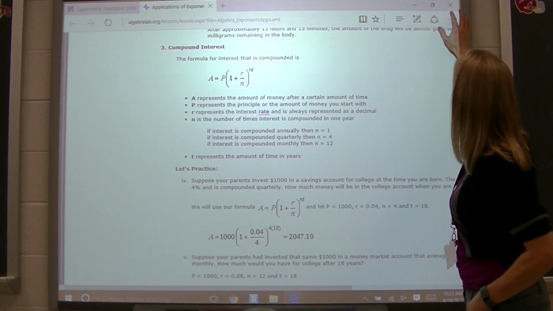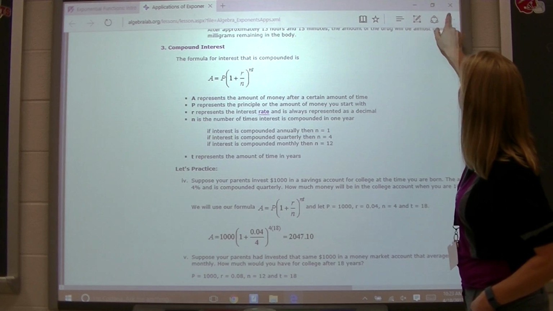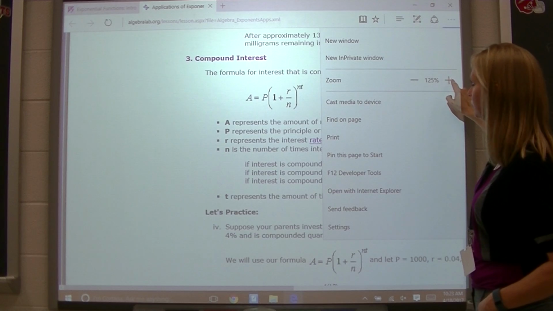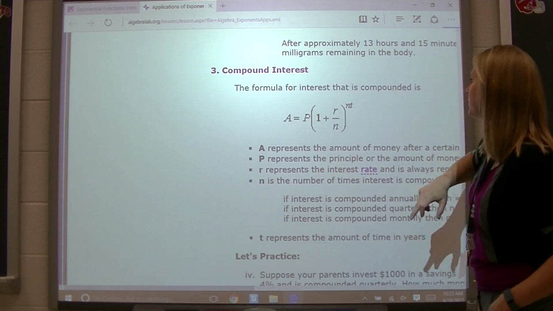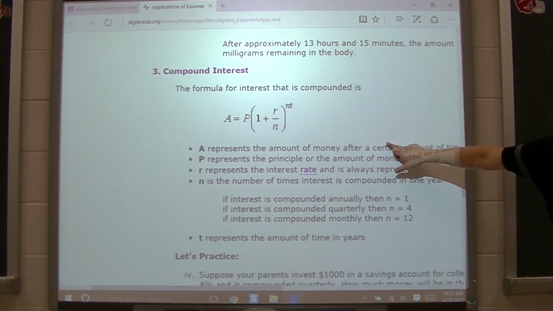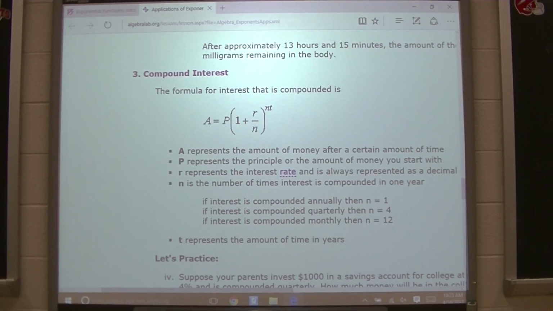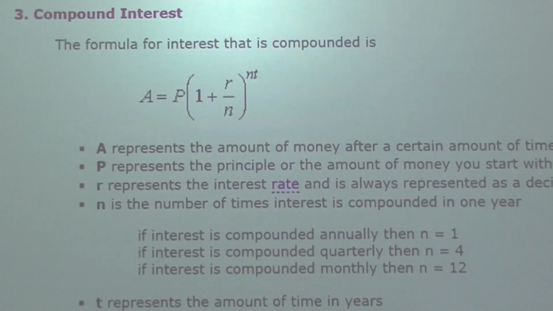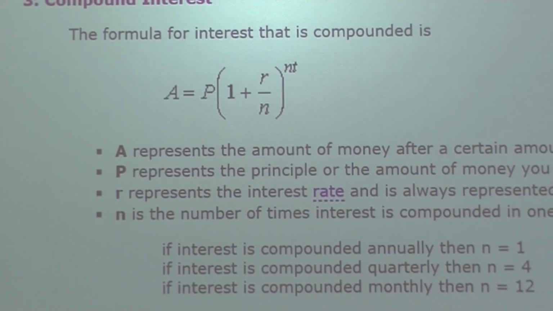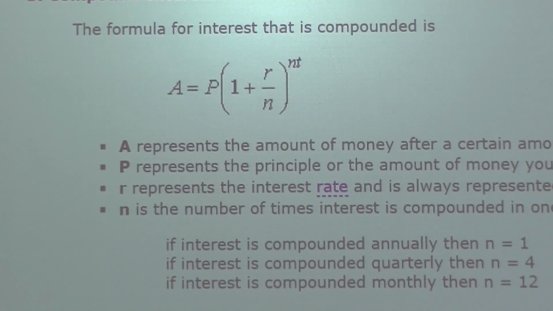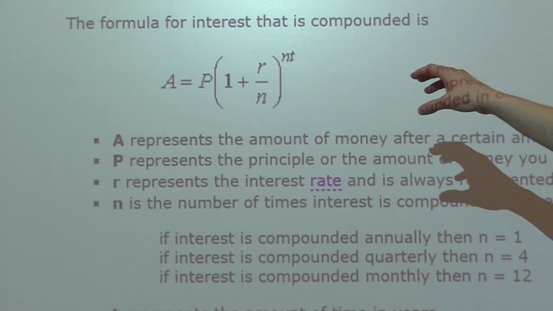All right, let me zoom in then. So it's A equals P times, you see those parentheses? I'm going to zoom in here for you too. Parentheses 1 plus r over n, raised to the power of nt.